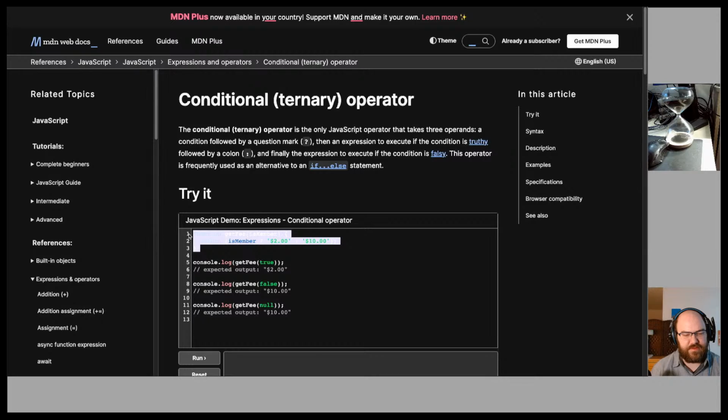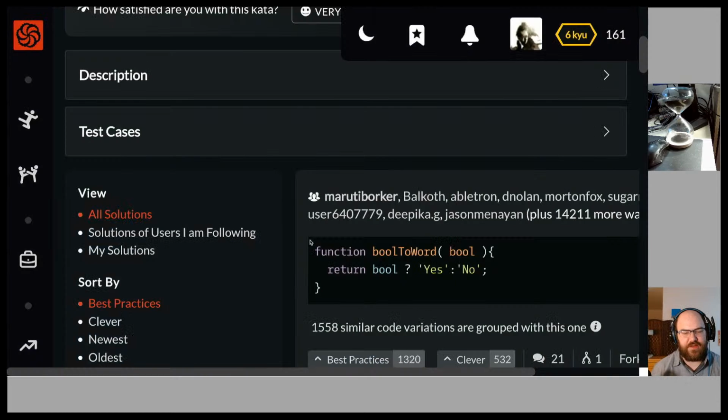So we have this, isMember is a little bit hard to read on my screen. But getFee as a function of isMember: if isMember is true, it returns $2. If isMember is false, it returns $10. Let's look at how that worked over here. Function boolToWord as a function of bool.